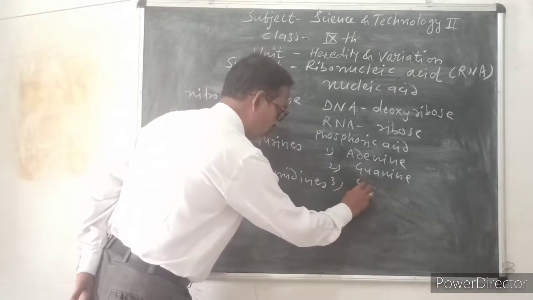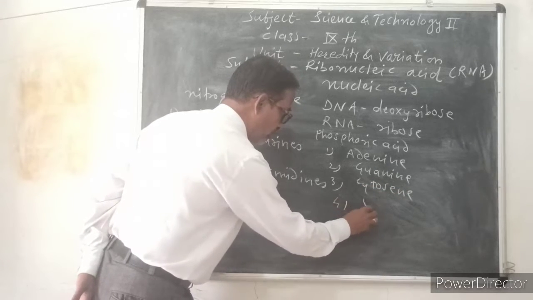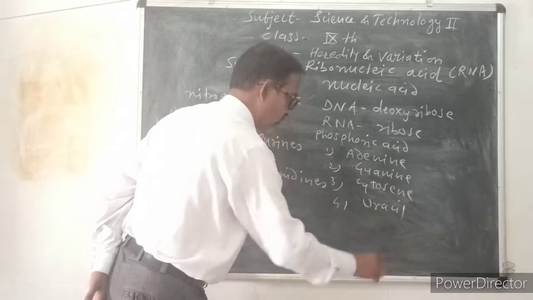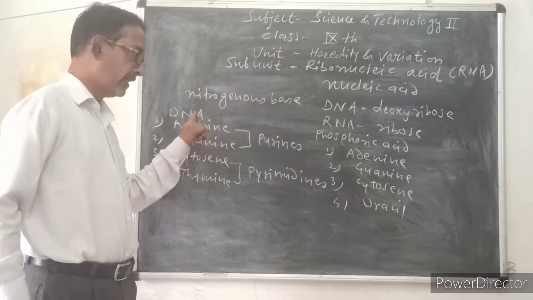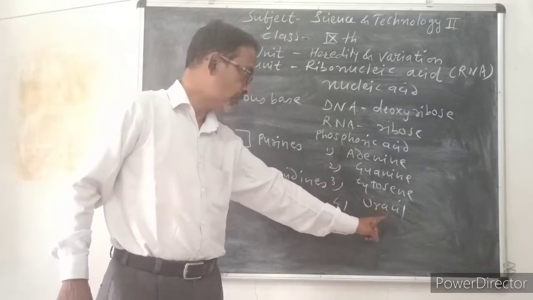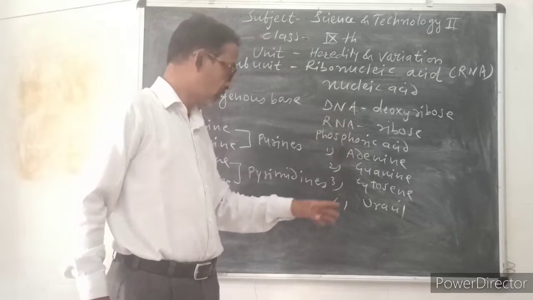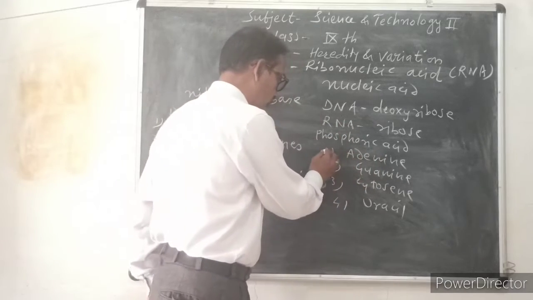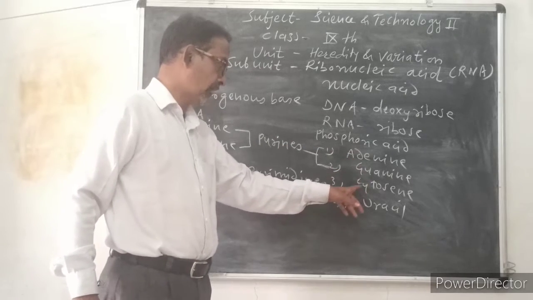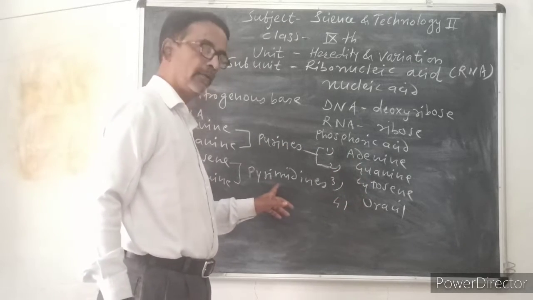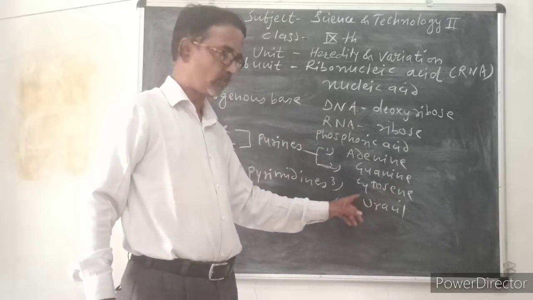Third is cytosine, and the fourth is uracil. So you can see thymine is present in DNA, but instead of thymine, uracil is present in RNA. Only that is the difference. So again, these two, adenine and guanine, are called purines, and cytosine and uracil are called pyrimidines. So that is the difference only.